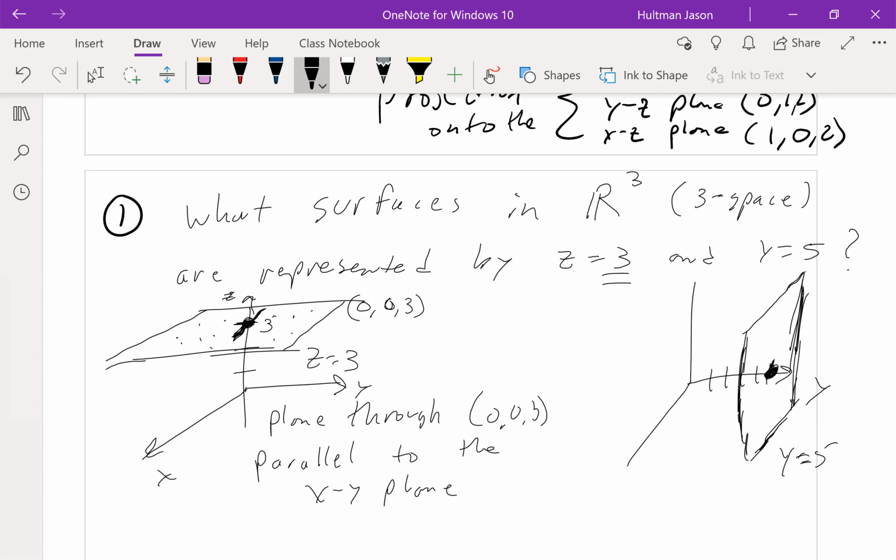That is a plane parallel to the XZ plane, right? Oh, okay. Well, that's cool.